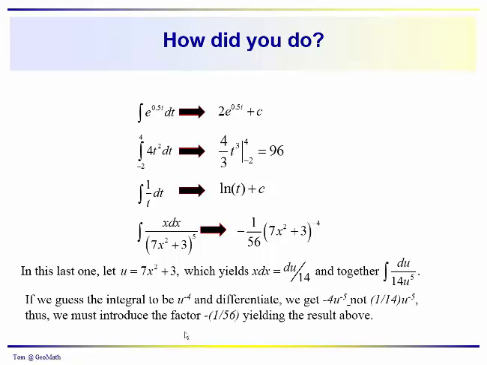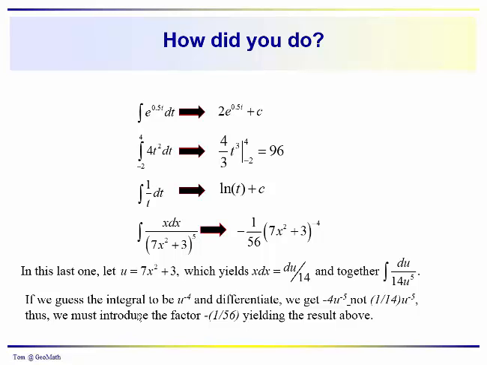Now if we guess that the integral is u to the -4th and differentiate that to check it out, we get -4u to the -5th, which is not equal to 1/14th u to the -5th, which is what we have in the integrand.